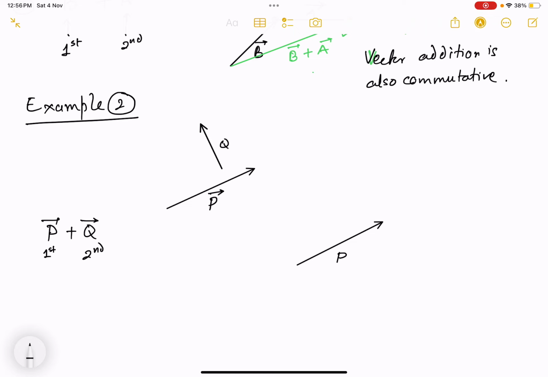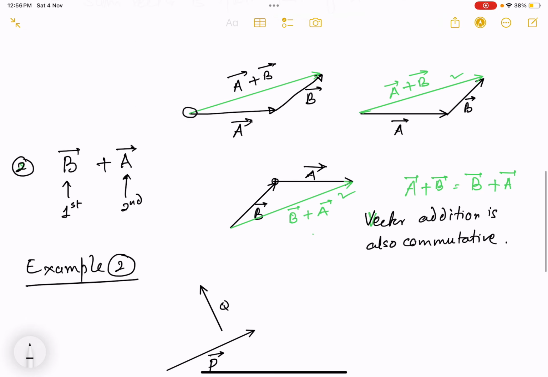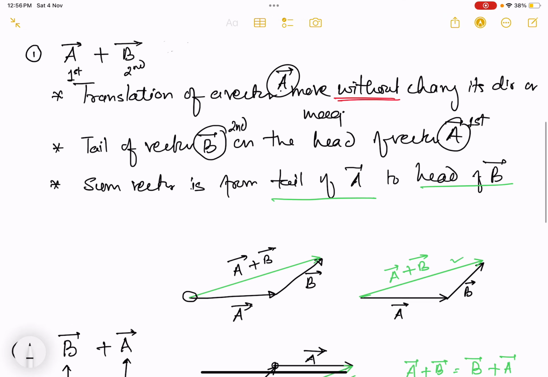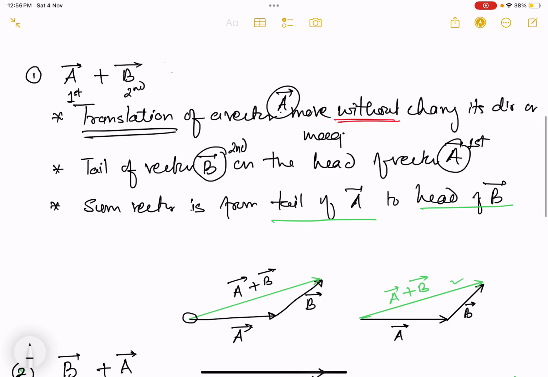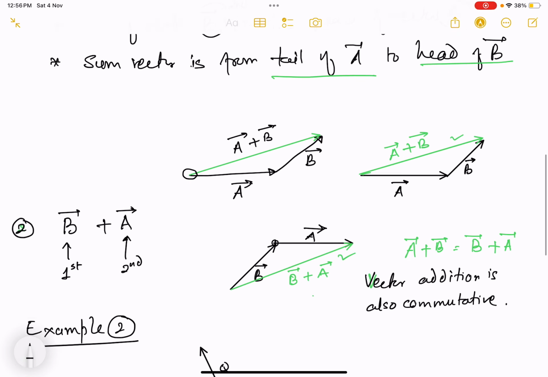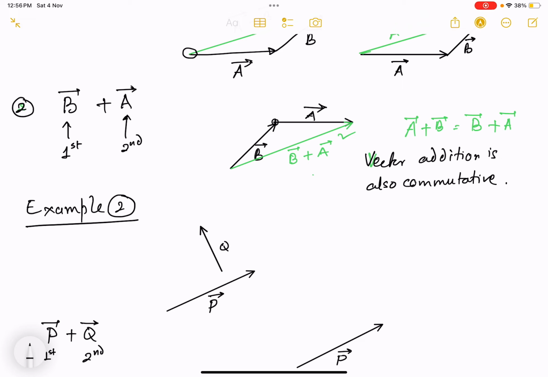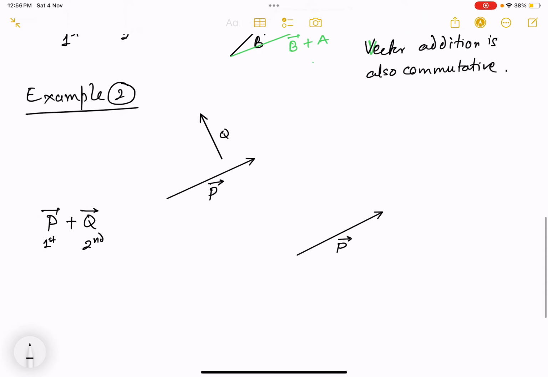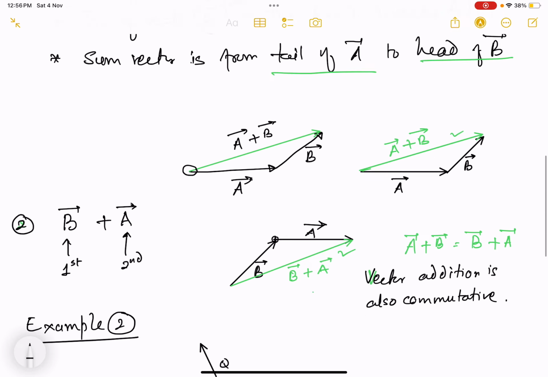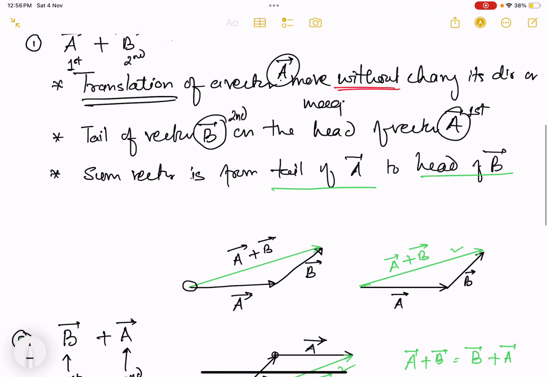So this becomes the p vector. Okay. Now what happens to the q? How do I translate q? See, the word used is translation. Translation का मतलब होता है वेक्टर को मूव करना but without changing its direction, without changing its magnitude.